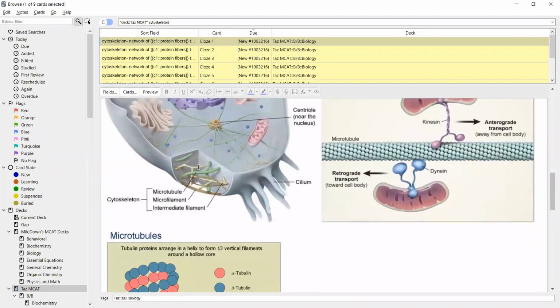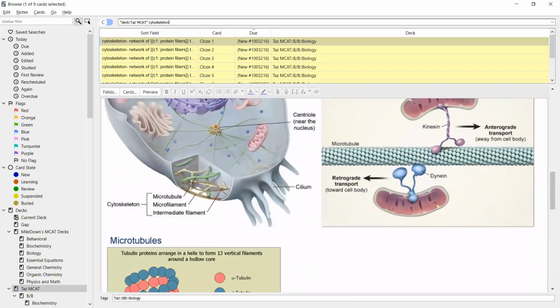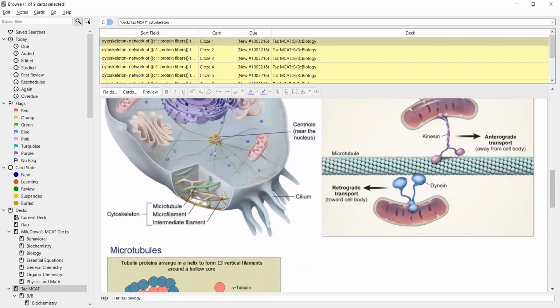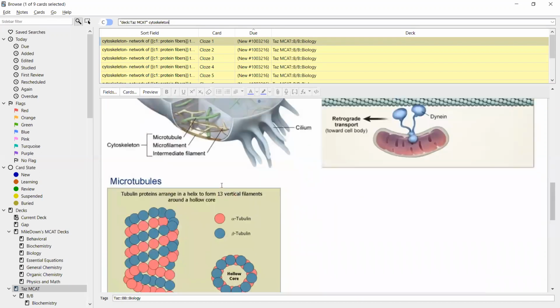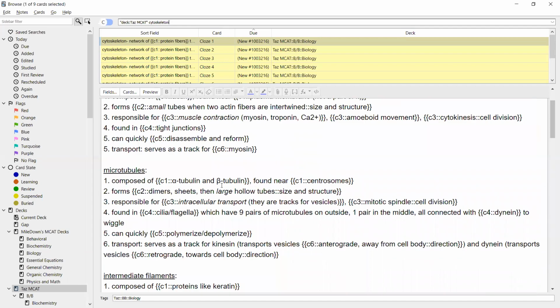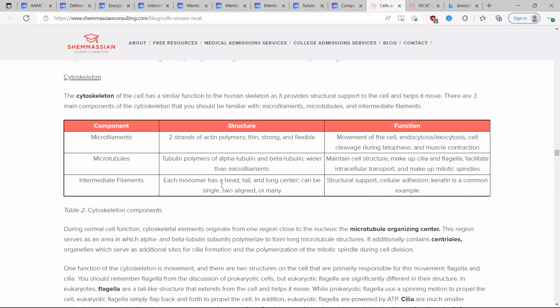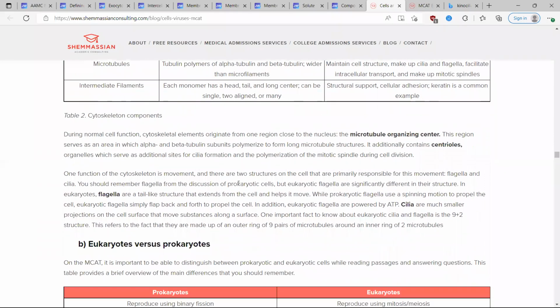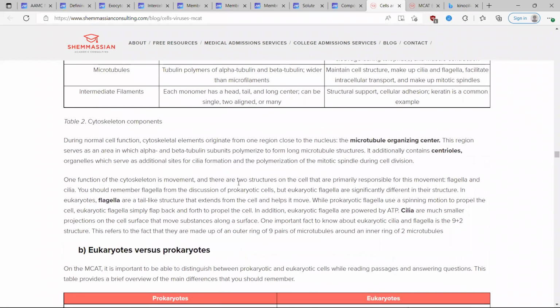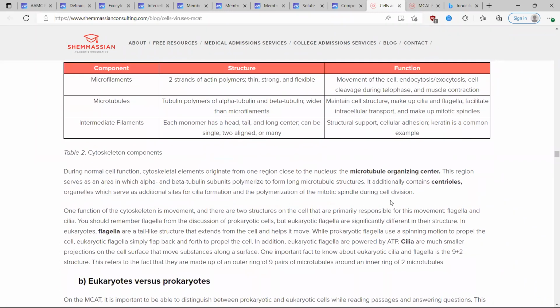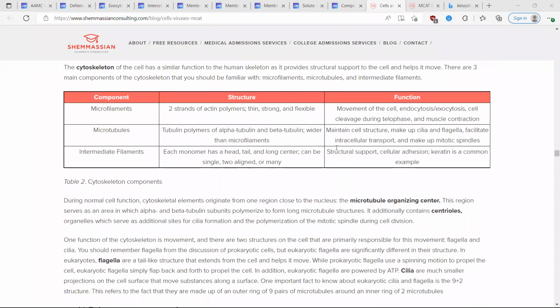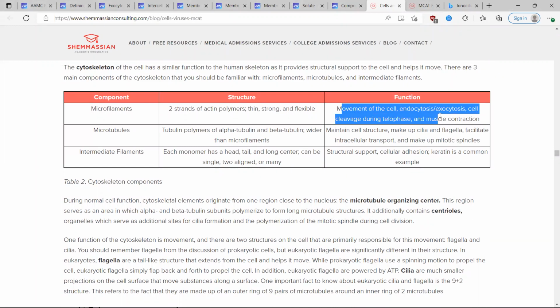You can see that there's a variety of different cytoskeletal fibers throughout the cell, and the structure of them is also different. Okay, yeah. So microfilaments are more for the movement of the cell, endocytosis, exocytosis, right?